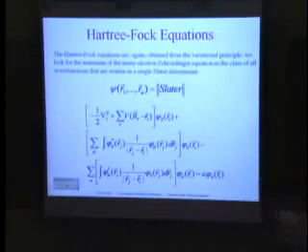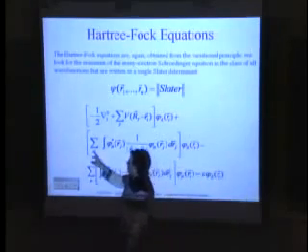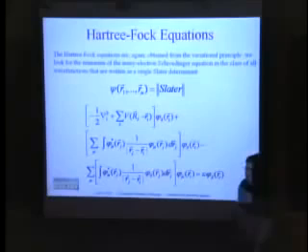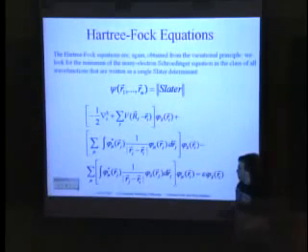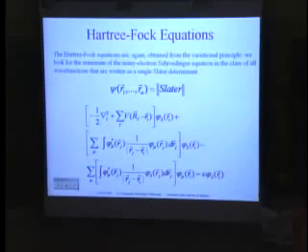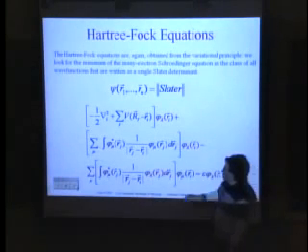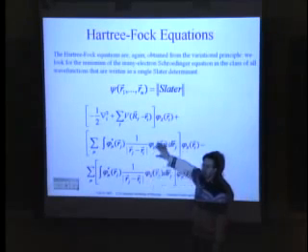That's different from the Hartree equation. In the Hartree equation, there is a Hartree term where this sum would exclude the electron itself. So the Hartree equation are actually more complex to solve because the operator changes depending on which electron it's acting. While the Hartree-Fock equation have the same operator.